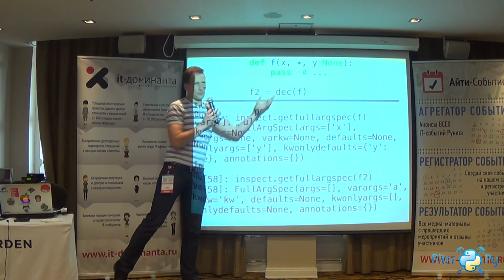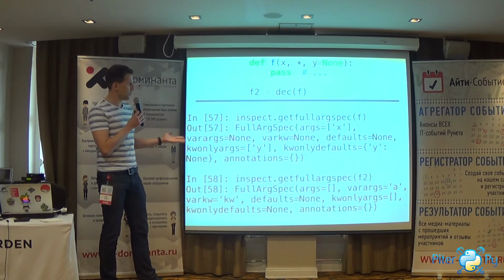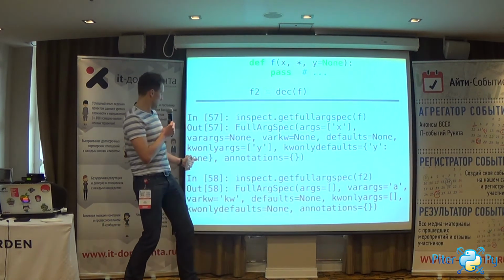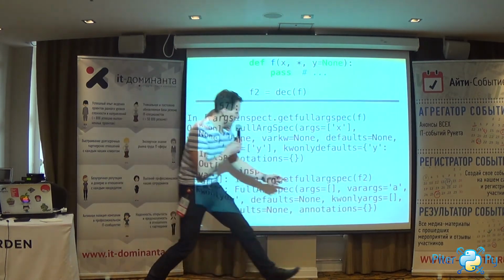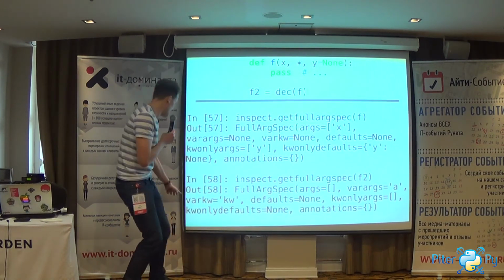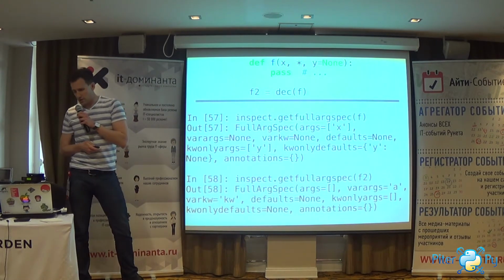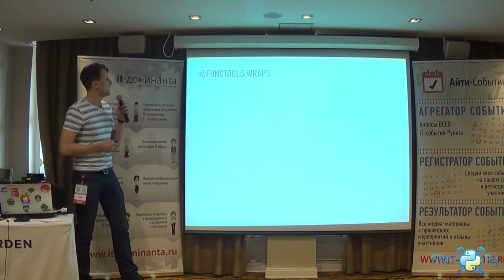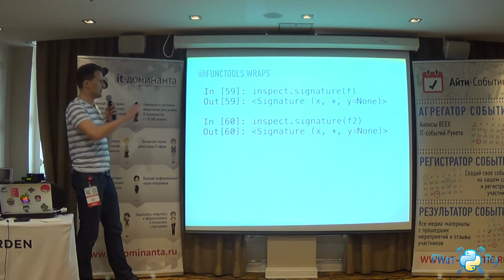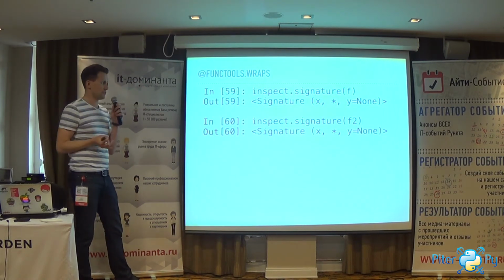For example, this in Python 3 means that you're taking only keyword-only arguments. This is all lost. Here it is still there. Y is None. Here all that is left is var args and var keyword. In Python 3.5, if you use functools.wraps, it kind of works because it has a new option, follow_wrapped.